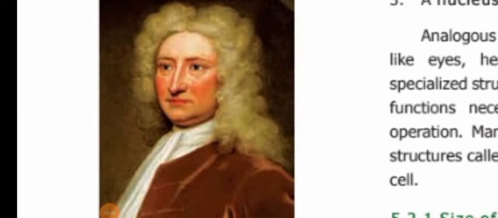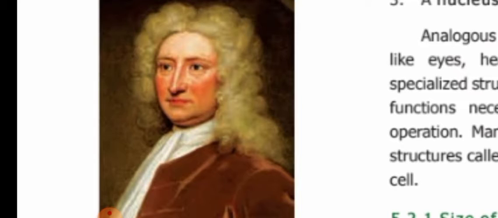So he is Robert Hooke, who coined the word cell. In 1665 he did some research with cork, and he observed the cork with the microscope he had developed, and he found that it was made up of cells.